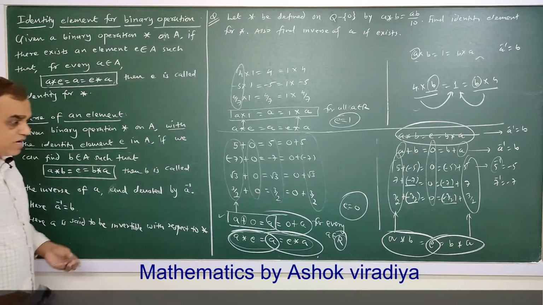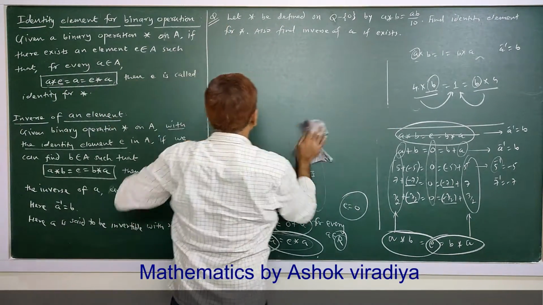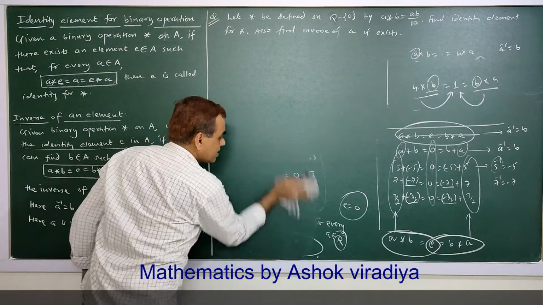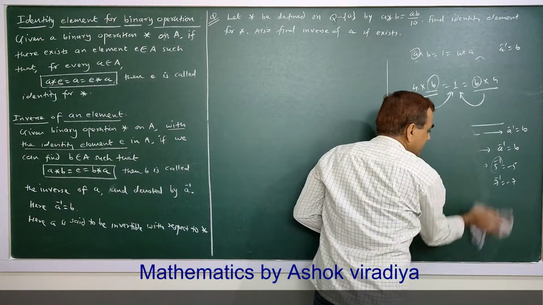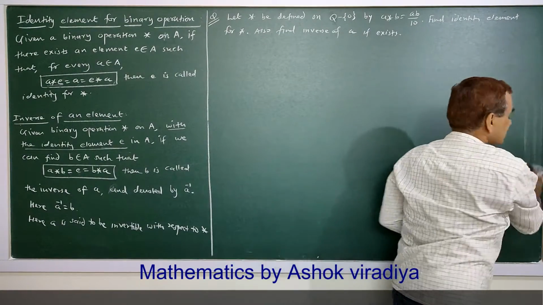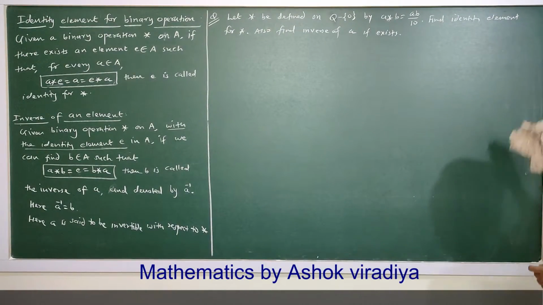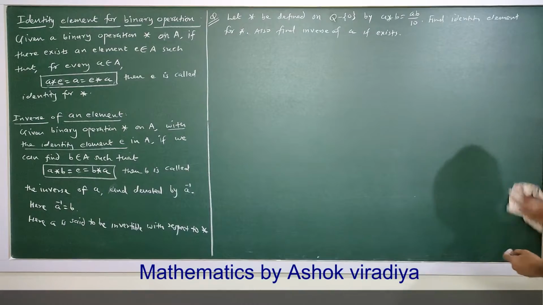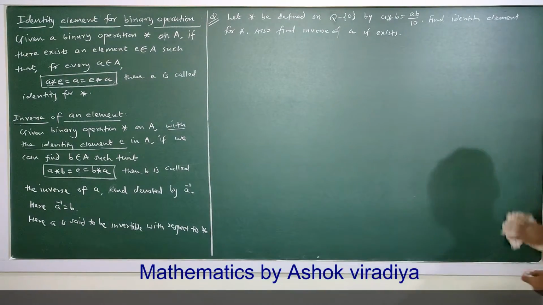Now we are coming to this question, which is based on this definition. This was a simple explanation because you worked with simple binary operations: addition, multiplication, subtraction, division. These operations you already know.